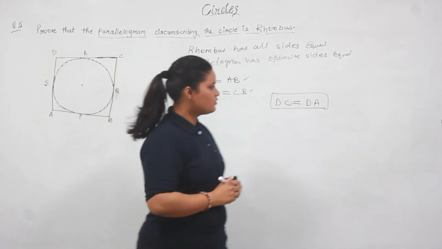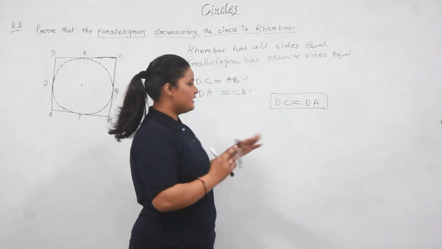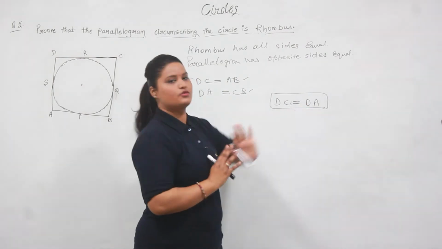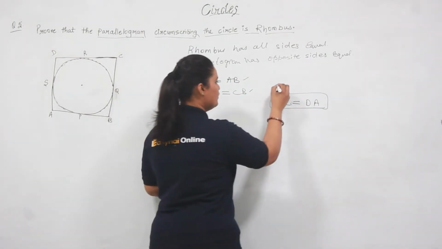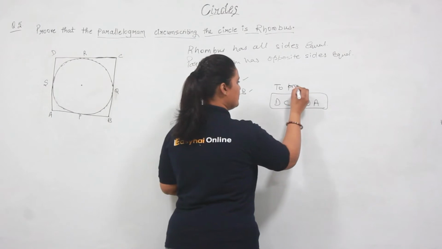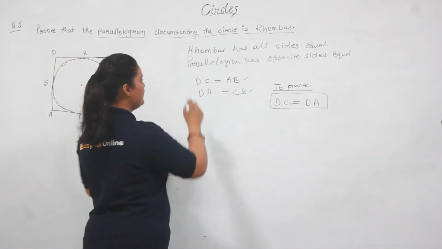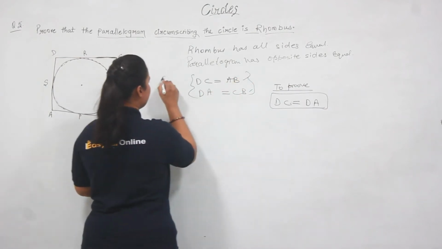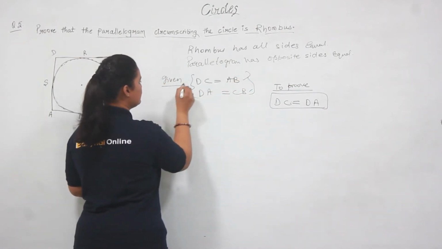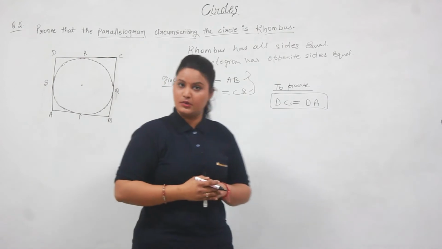Correct? So just keep in mind that you have to prove that DC is equal to DA. What we have to prove? To prove DC is equal to DA, and these two are the given statements since it is a parallelogram.